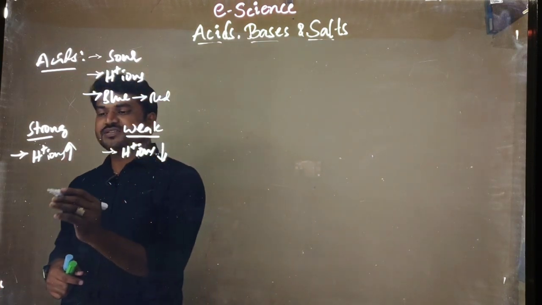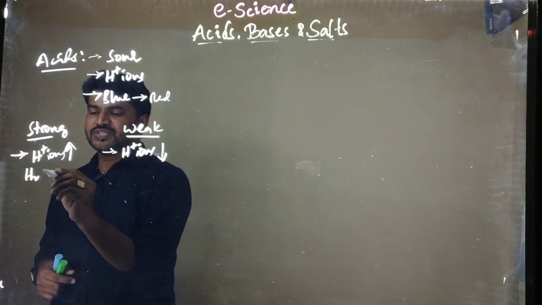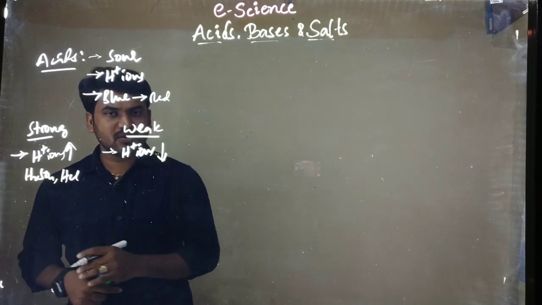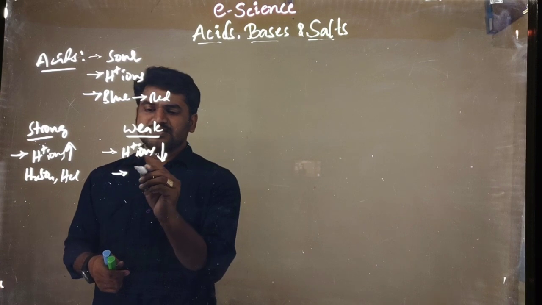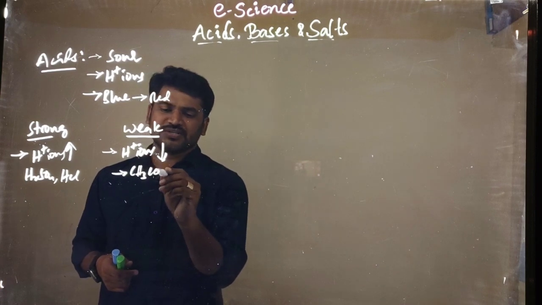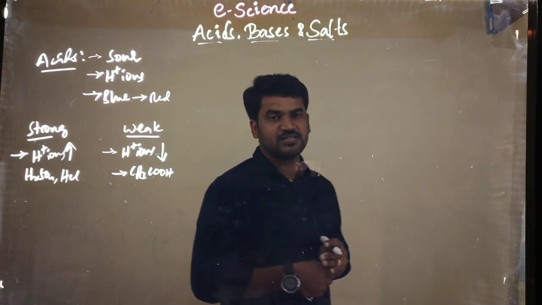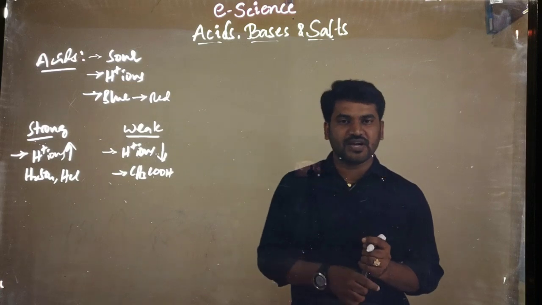Examples are H2SO4, sulfuric acid, and HCl, hydrochloric acid. Here we will also take CH3COOH, acetic acid, as an example of a weak acid.